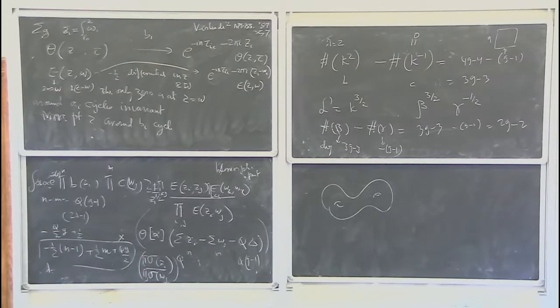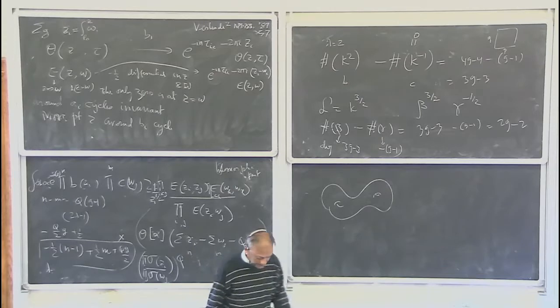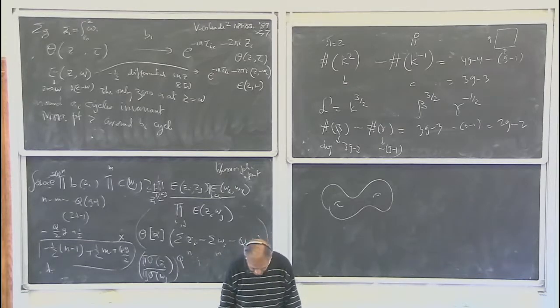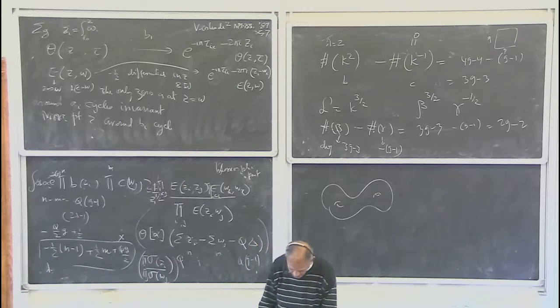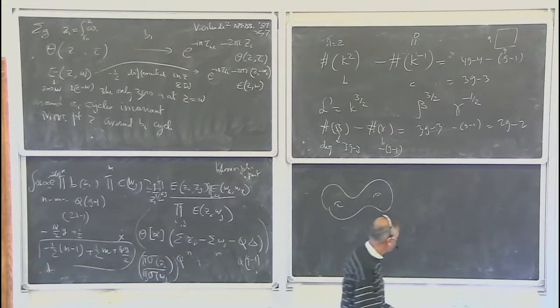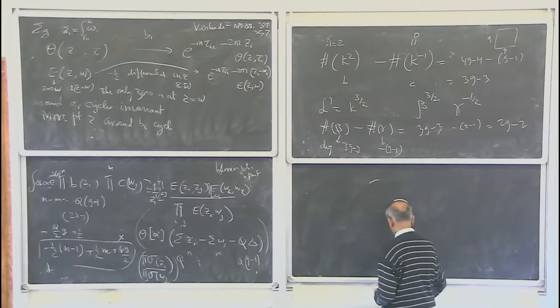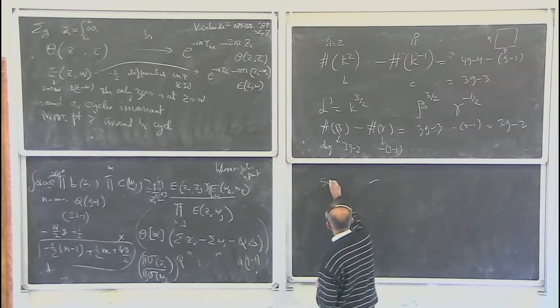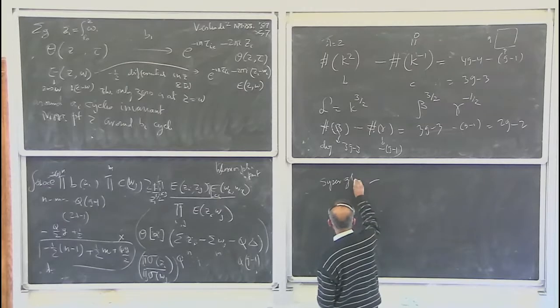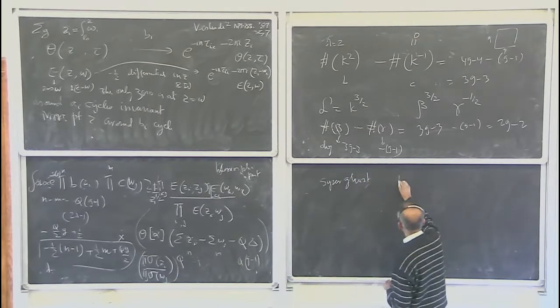Okay, so let me just start the discussion on the super ghost. Again, there's a bosonization formula for the super ghost. This is already appearing in Friedan, Martinec, Shenker.